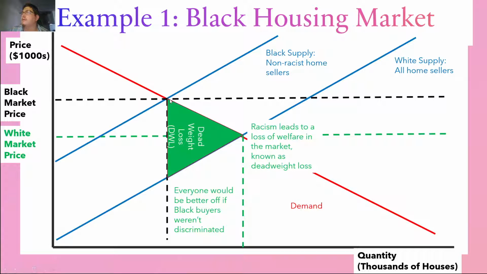This is a scenario we're going to go over a lot in lecture 4. But let's imagine there's a white homeowner in the suburbs who gets a new job in the city. He wants to sell his home, but he needs to sell it for a certain price for it to be worth his while because he's invested time, money, effort into this home. He likes his neighbors to a degree, but he would be willing to move to the city if the price were right.